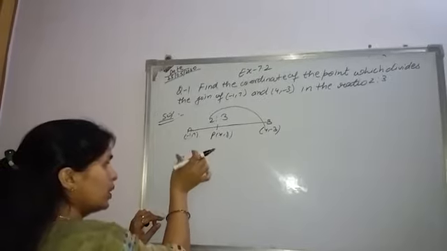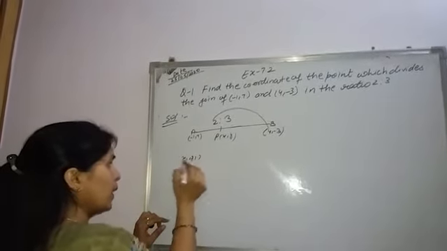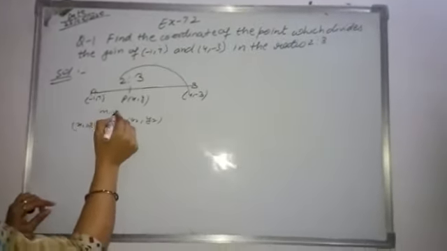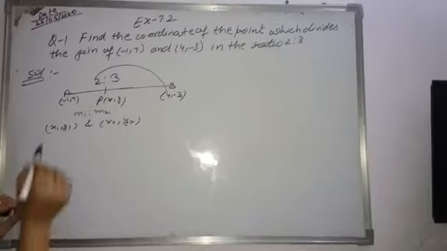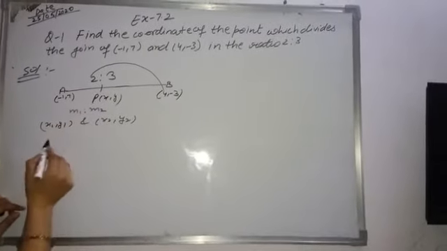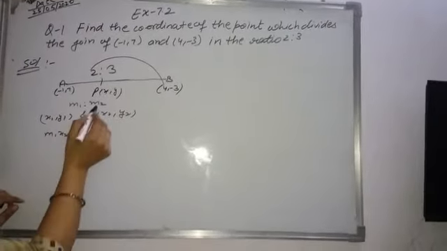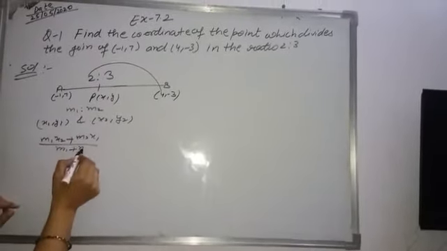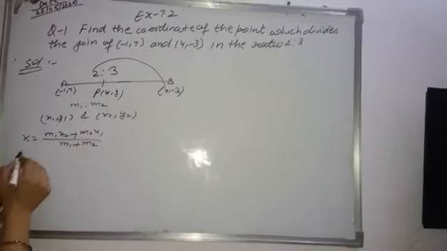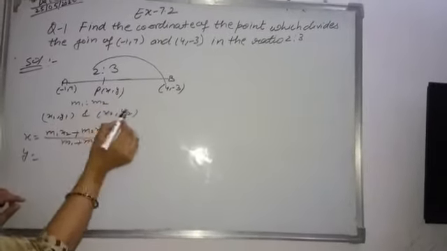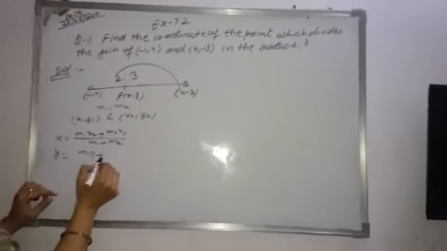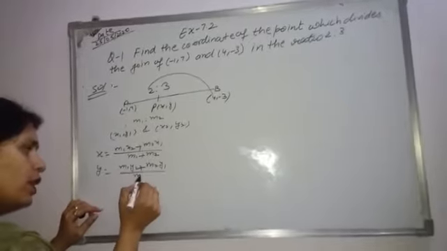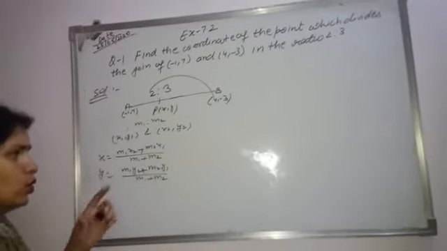If (x1, y1) and (x2, y2) are the points and the ratio m1:m2 is given to us, then our section formula is: x equals m1 into x2 plus m2 into x1 divided by m1 plus m2, and the value of y is m1 into y2 plus m2 into y1 divided by m1 plus m2. So these are the values.